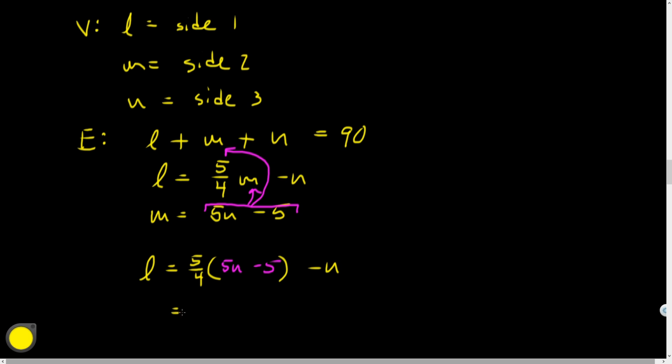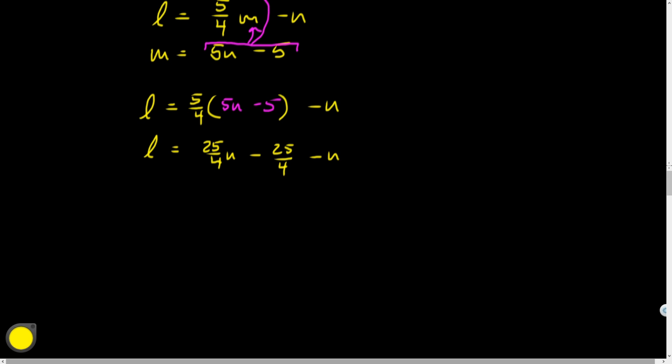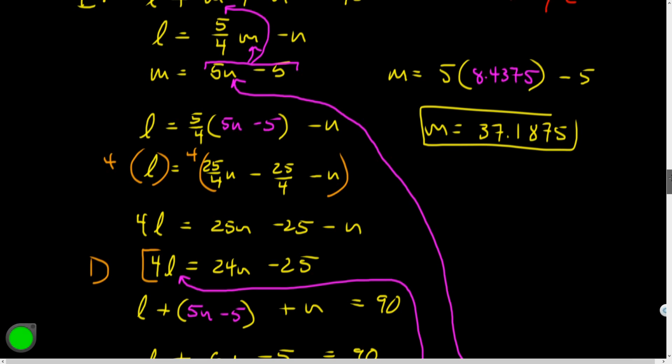And so I'm going to simplify this. 5/4 times that is 25/4 N minus 25/4 minus N. Oh dear. It's pretty gnarly there. And I want to combine these like terms, but I'd end up needing... Yeah, I'm going to multiply both sides by 4 here. It won't be as substitutable, but it'll get rid of the fractions for a minute.